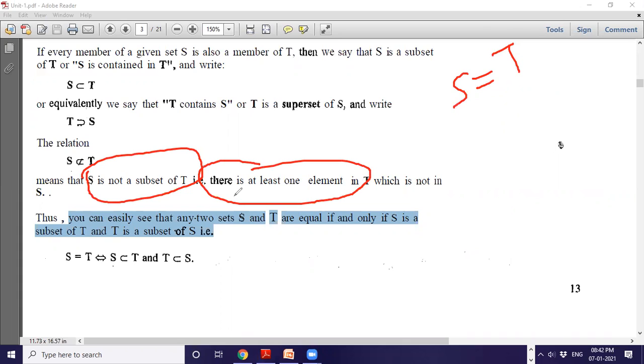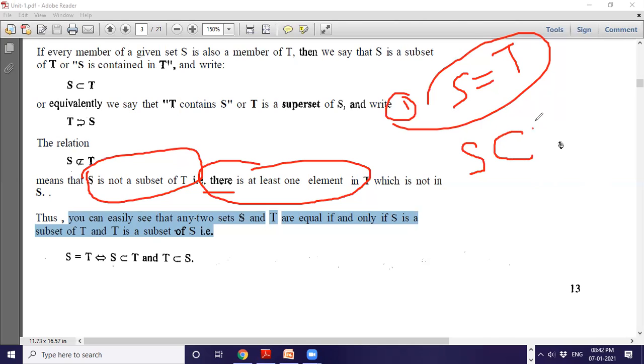ठीक है, इसको ये थोड़ा कंफ्यूजिंग लग रहा है, तो आप ऐसे समझो, हमें डिफाइन करना है कि S इज इक्वल टू T कब होगा, जब ऑब्वियसली S का हर एक एलिमेंट T में होगा. तो हम उसको कैसे लिख सकते हैं?